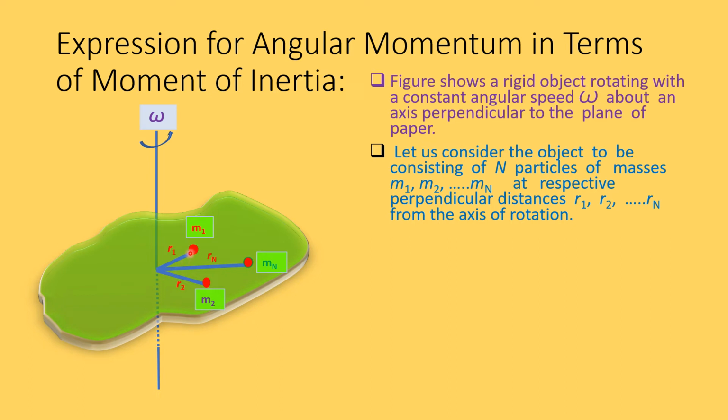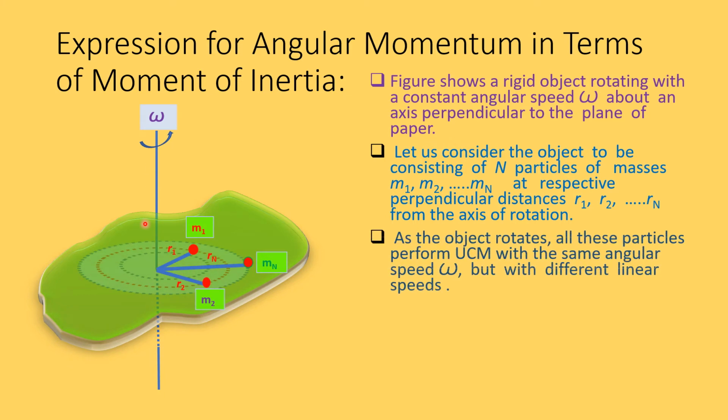That means the mass particle m1 is situated at a perpendicular distance r1, mass m2 is situated at a perpendicular distance r2 and so on. The nth particle mn is situated at a distance rn from this axis of rotation.